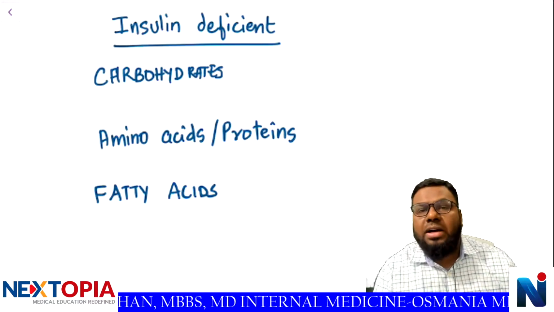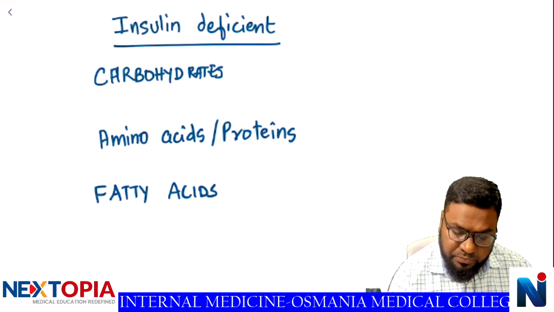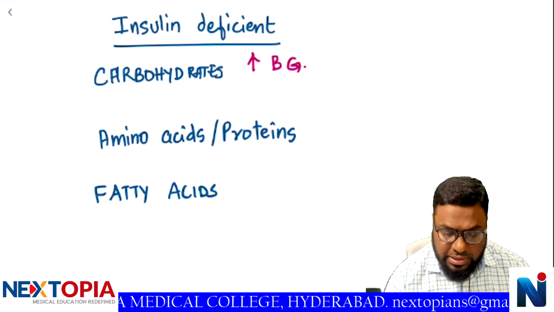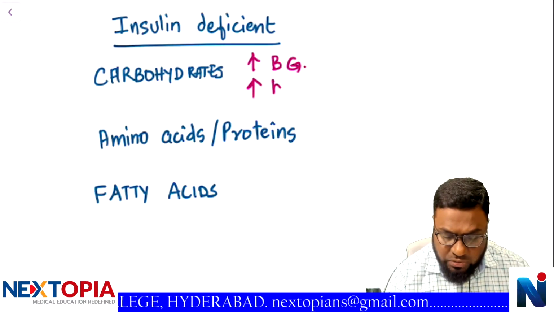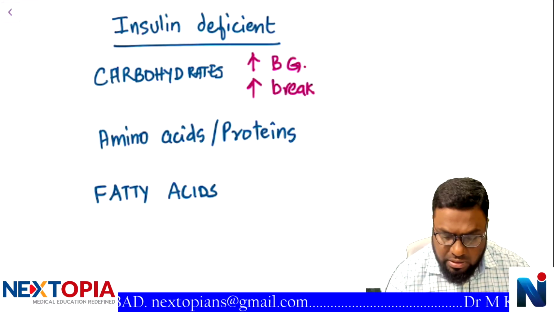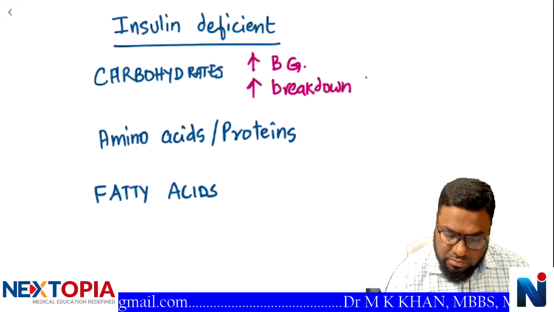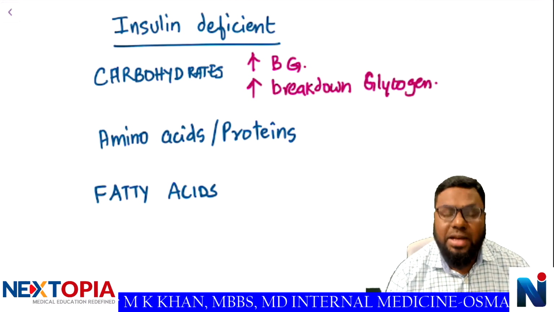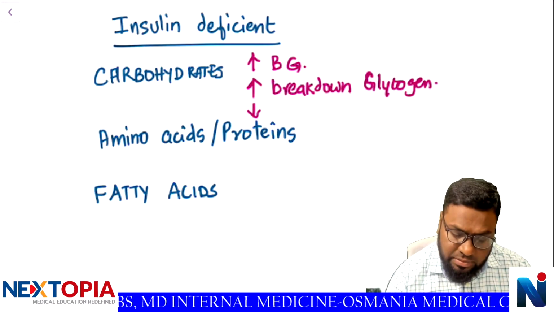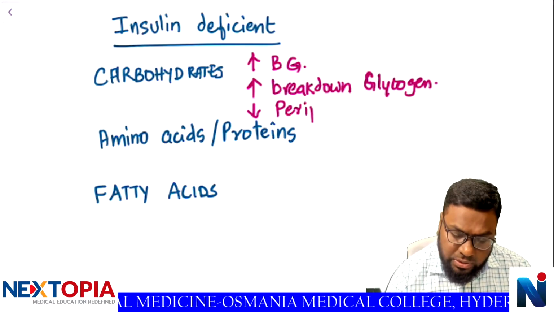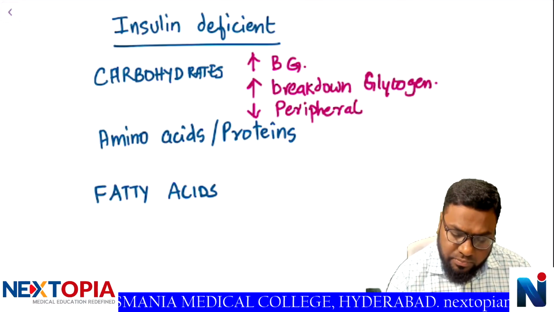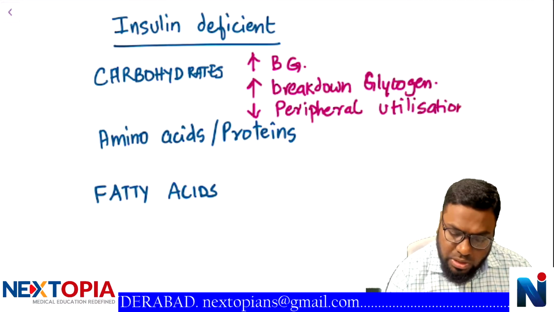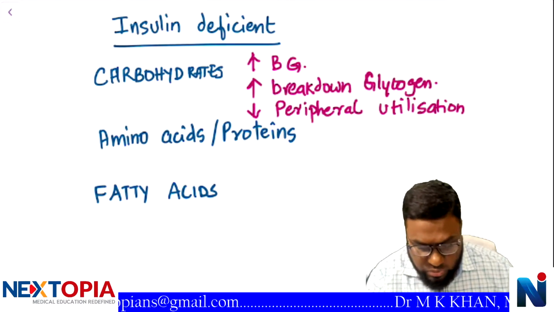So in case of carbohydrate, what will happen? There is increased blood glucose levels, increased glycogen breakdown, and decreased peripheral utilization of glucose.